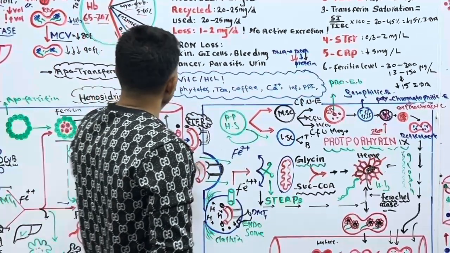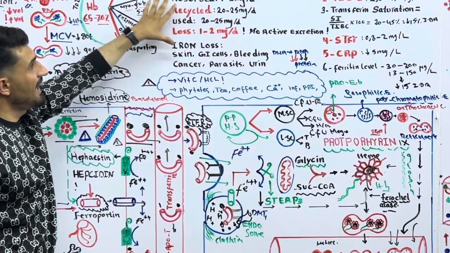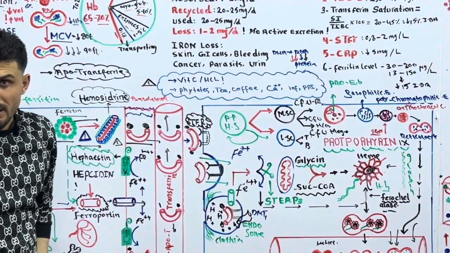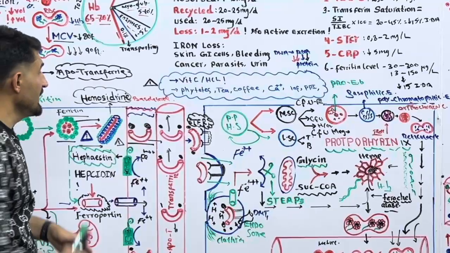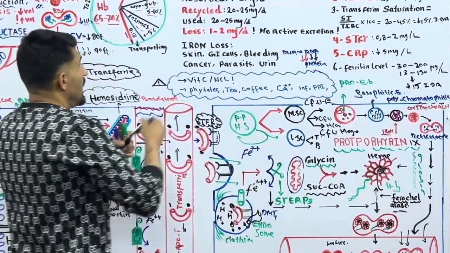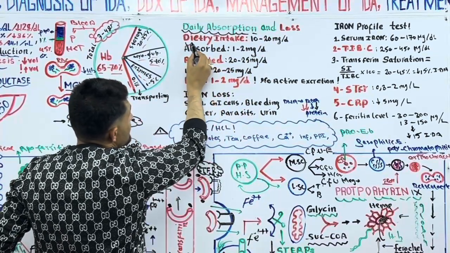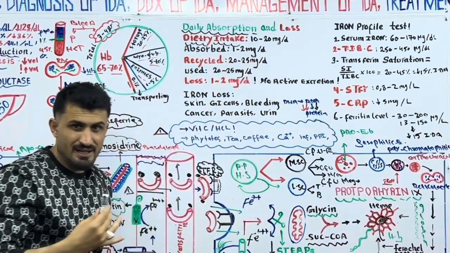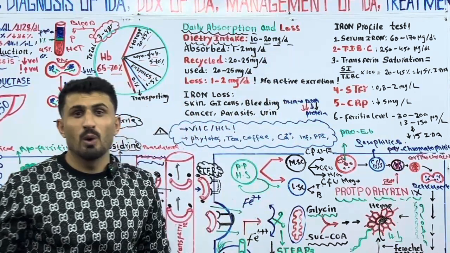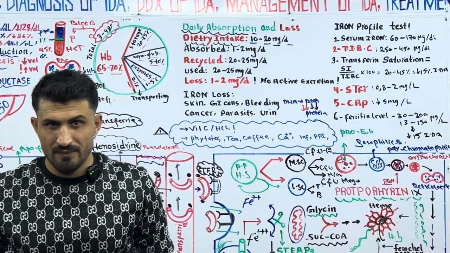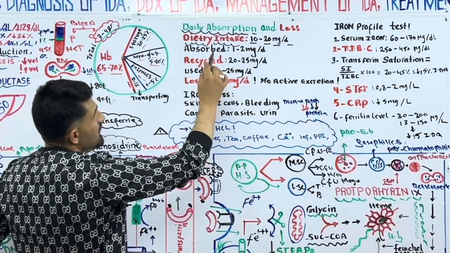So now, let me explain a bit about the daily absorption and loss of iron. Then we will talk about hepcidin and regulation of iron. Okay. Now, daily absorption of iron.